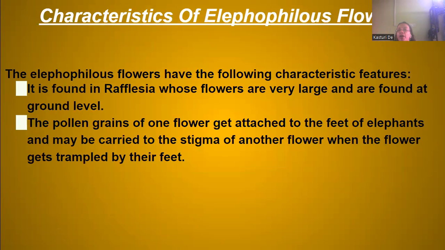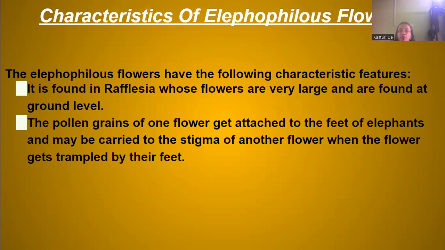Next we come to elephant-pollinated flowers, mainly Rafflesia, whose flowers are very large and found at ground level. The pollen grains of one flower get attached to the feet of the elephants and may be carried to the stigma of another flower when the flower gets trampled by their feet.